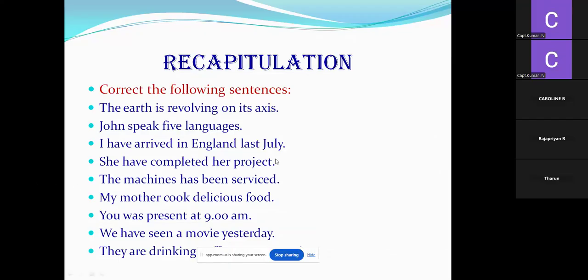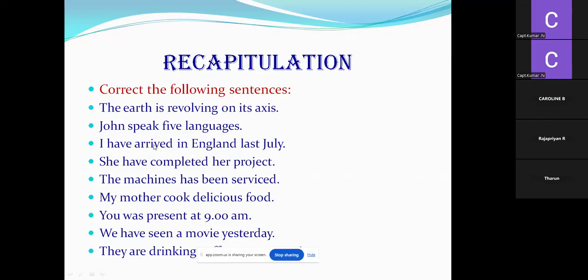Okay, next one. I have arrived in England last July. Could you identify the error? See, the time is given, last July, and it talks about a past action. But what verb is used here? Have arrived, isn't it?